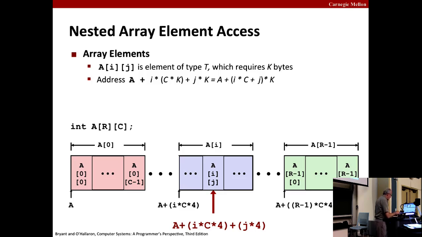So if you wanted to reference an element of an array like this, a multi-dimensional array, in assembly code, what you'll see is that the code builds up a computation like this. And typically, in the compiled code, the value of k is a constant value.